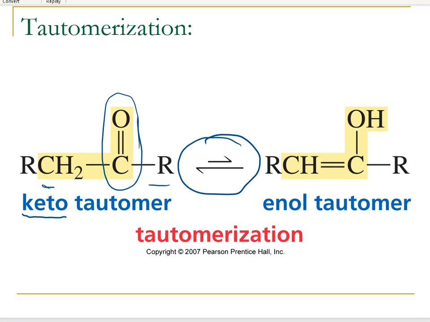All right, so that's all that tautomer means, and tautomerization means flip-flopping those functional groups back and forth. C double bond O goes to COH. COH goes to C double bond O. That is tautomerization.